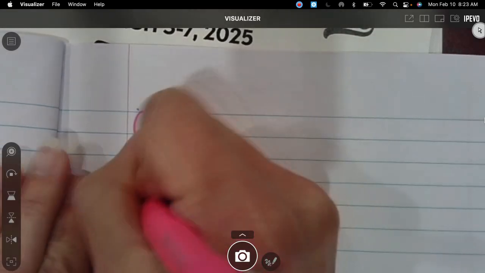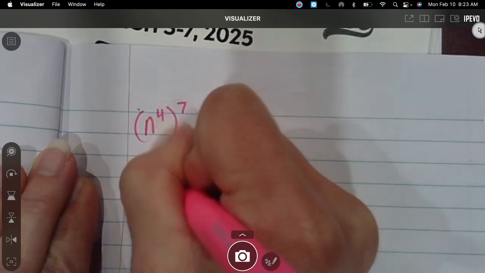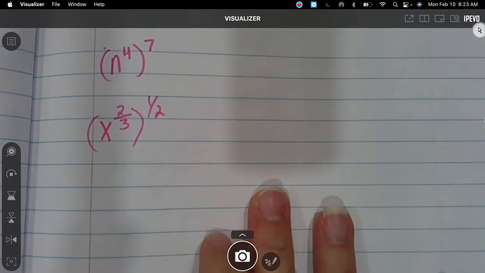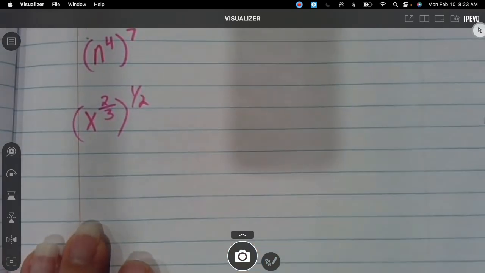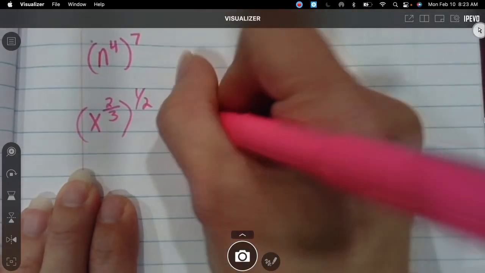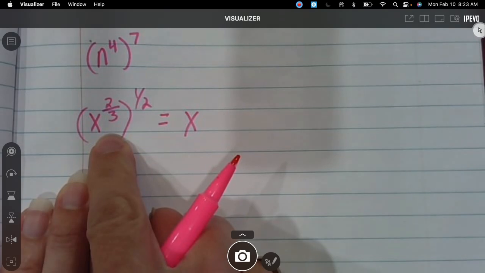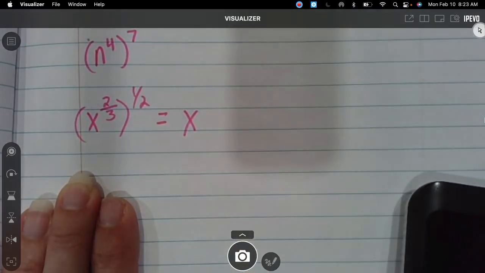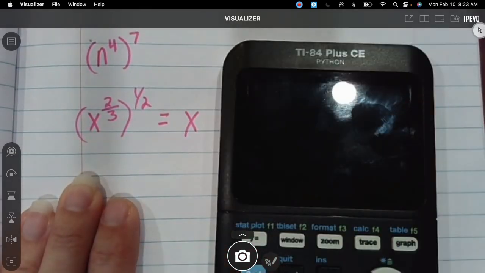Okay, let's look at this one. X to the 2/3 to the 1/2. Please do not let fractions scare you because your calculator is smart. Okay? So what do you do with a power to a power? Multiply. Okay? So we'll do 2/3 times 1/2. All right? If you don't know that, use your calculator.